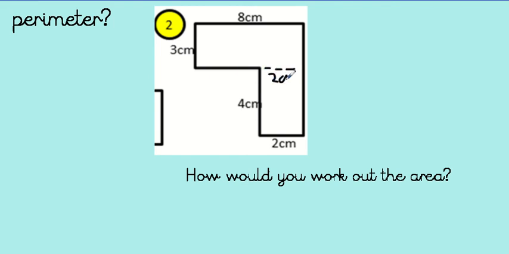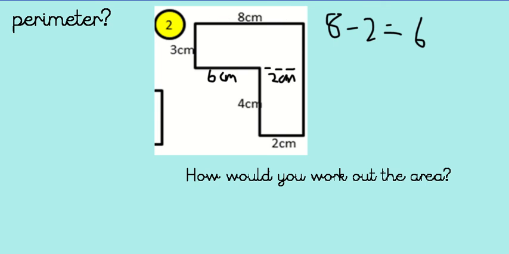So what do I have to add to 2 centimetres to get to 8? Well, I could just do 8 centimetres take away 2 centimetres. So 8 take away 2 equals 6.